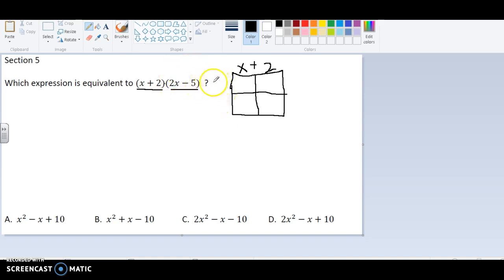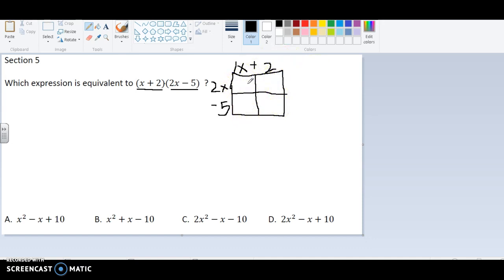So that's going to be 2x minus 5. In this way, we know that we're going to treat that 5 as a negative 5. I notice here that this x doesn't have a coefficient, so go ahead and put a 1 in front of it. And then you're going to fill in each box.